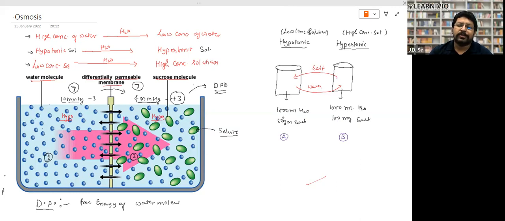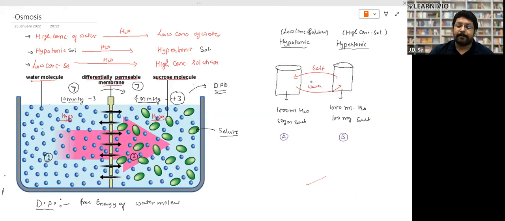So the salt concentration is low in A. I will call it a low concentrated solution, hypotonic, and this is a higher concentrated solution, hypertonic solution, right?